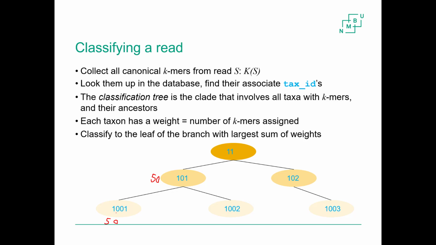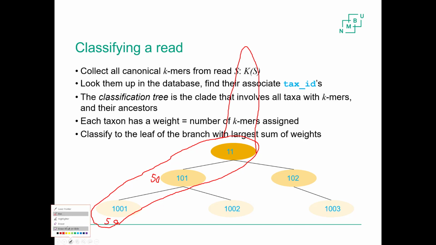These are the 100 k-mers for that read. Then we take out this branch here as the classification tree. And actually this extends up the tree, right? Because it involves also everything above here, but I haven't drawn it in, so let's stop here then, right? In this case now. But it actually involves everything up to the top.